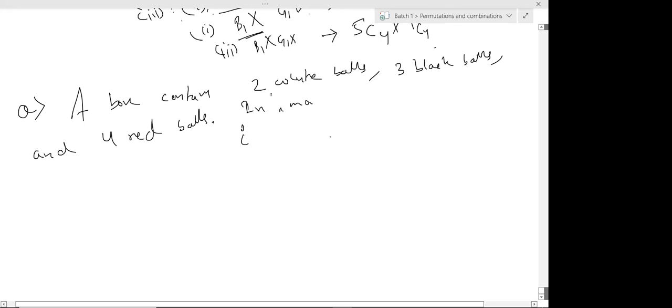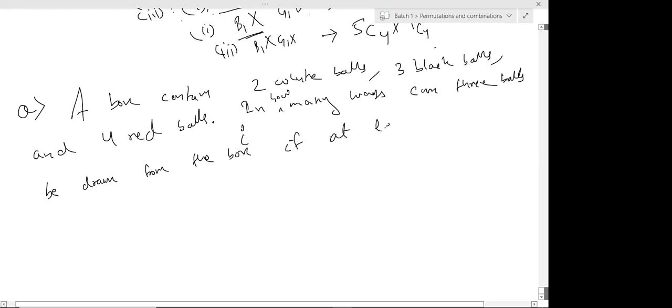In how many ways can 3 balls be drawn from the box, if at least one black ball is to be included in the draw?